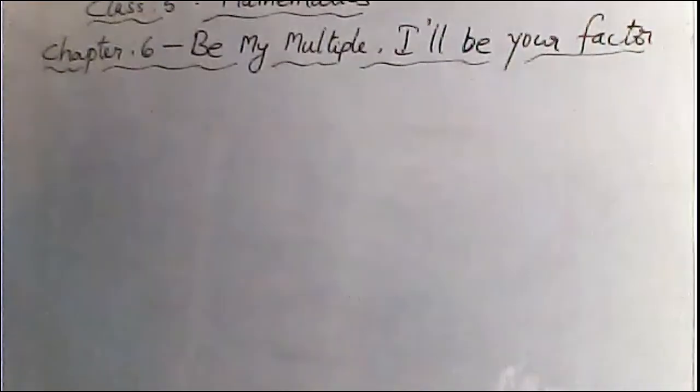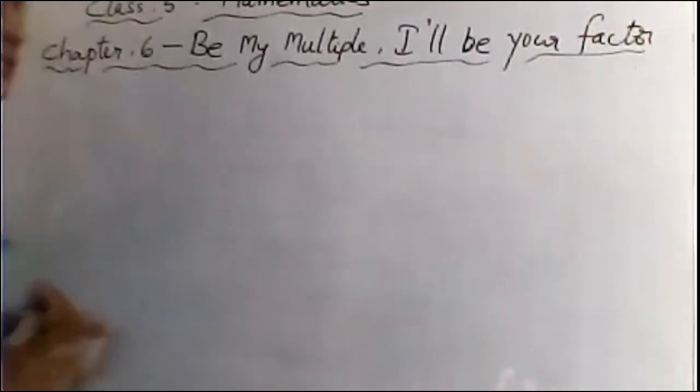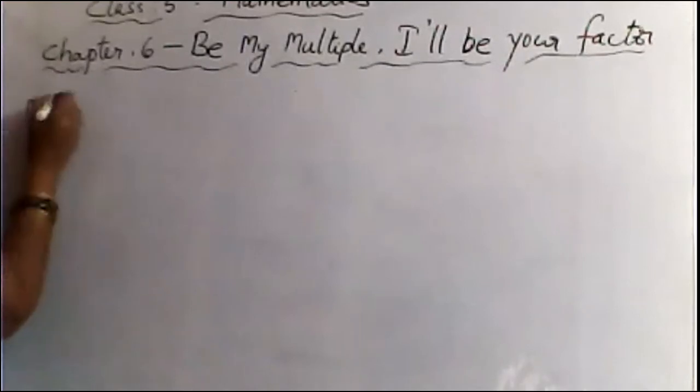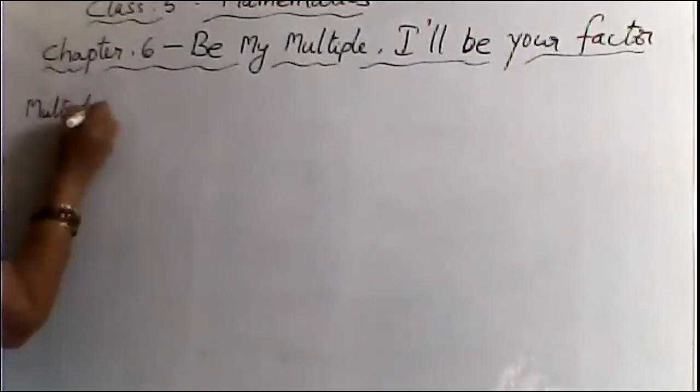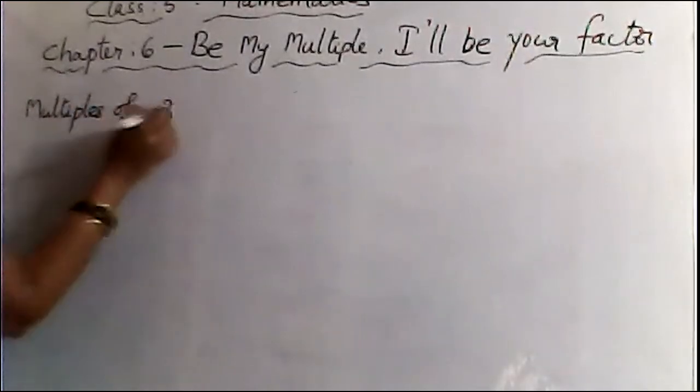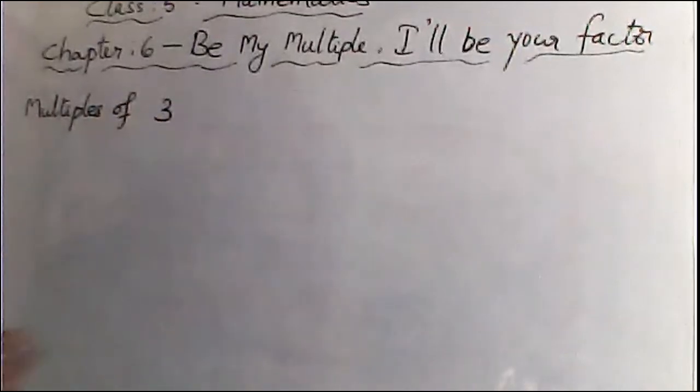So, first let us write multiples of 3. Multiples of 3 means what? What do you mean by multiples of 3?